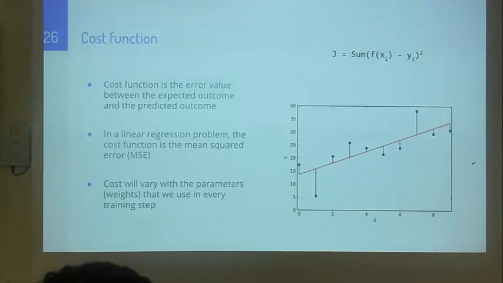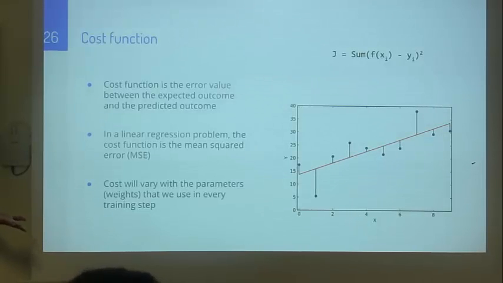I have told you about the cost function earlier. This is a little bit deeper on what a cost function would look like. If you don't understand, don't worry. Just free your mind when you go home and try to understand this if you really like it. For those interested, the cost function is the error value between your expected output and your predicted output.